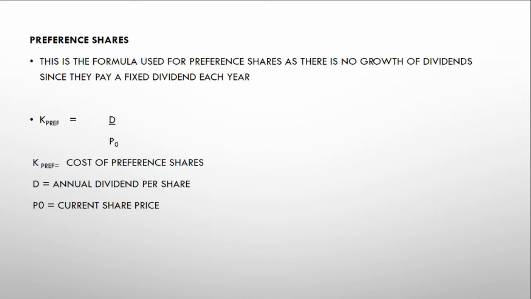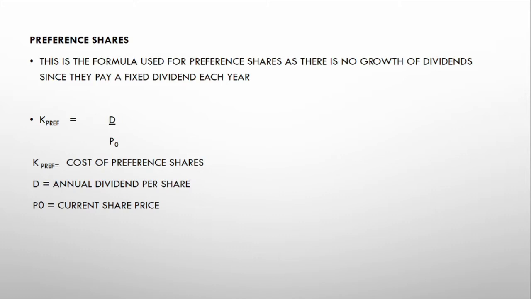So there is no growth or change in dividends that will be declared and paid to the preference shareholder. So the company knows exactly what the preference dividend paid to the preference shareholder will be. So we will determine the cost of our preference shares by comparing the return that the preference shareholder will receive for the price that they paid to hold the preference share.